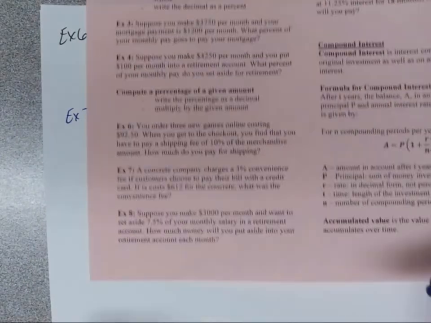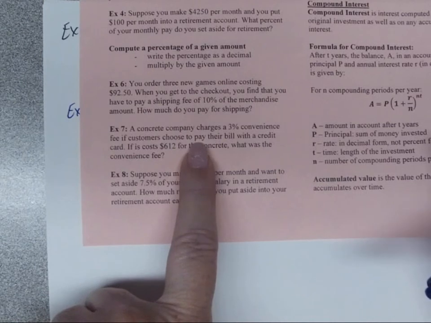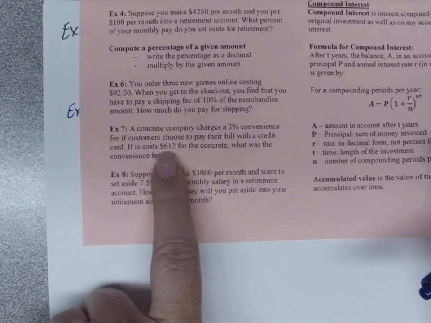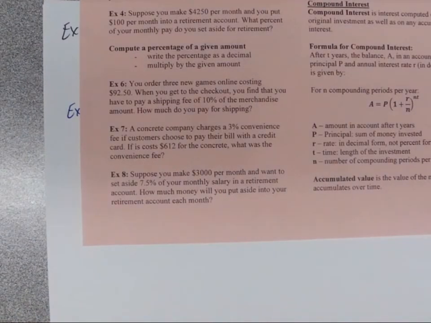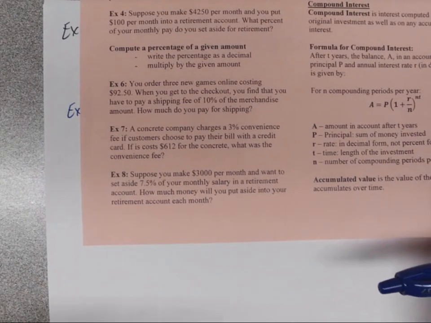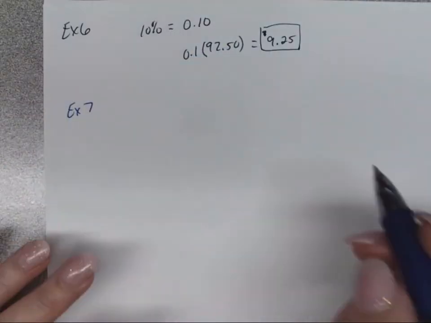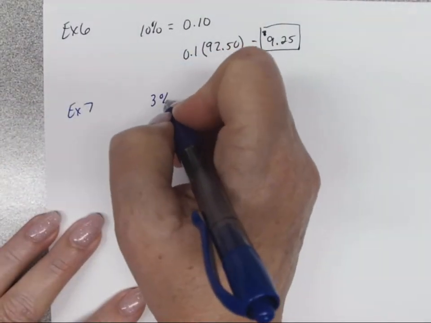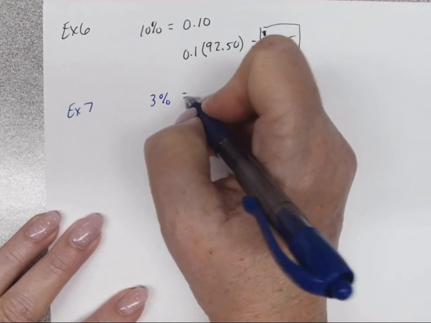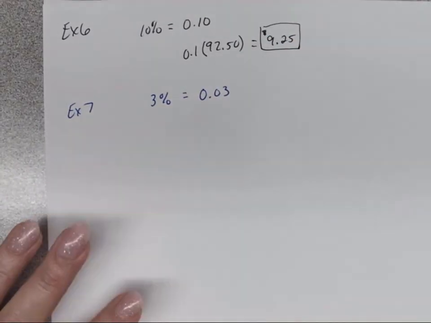A concrete company charges a 3% convenience fee if customers choose to pay their bill with a credit card. If it costs $612 for the concrete, what was the convenience fee? All right, so first of all, we have a 3% charge. Changing that to a decimal, it'll be 0.03.